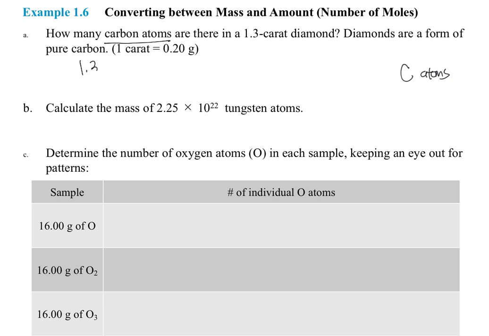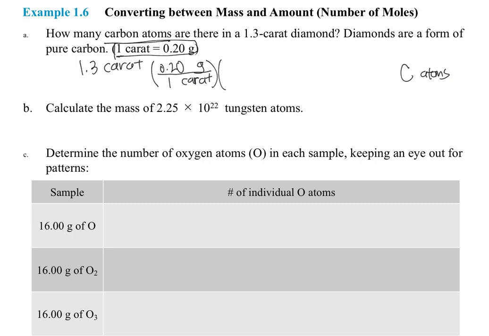So I'm going to put 1.3 carat here. And they're telling us that 1 carat equals 0.020 grams, and that is a conversion factor, which is great because I don't know carats to moles. So I'm going to be able to get out of carat and into grams. The number in front of carat is 1. The number in front of grams is 0.20.